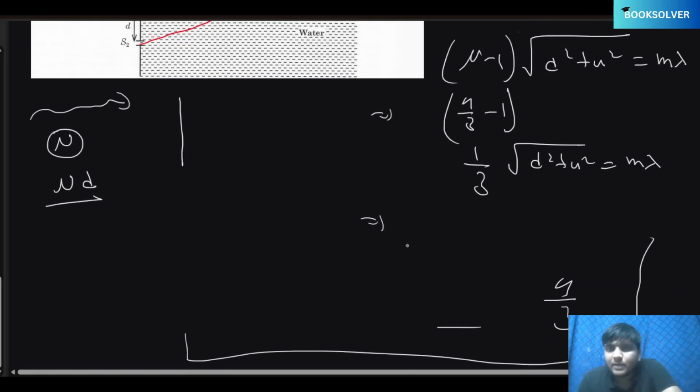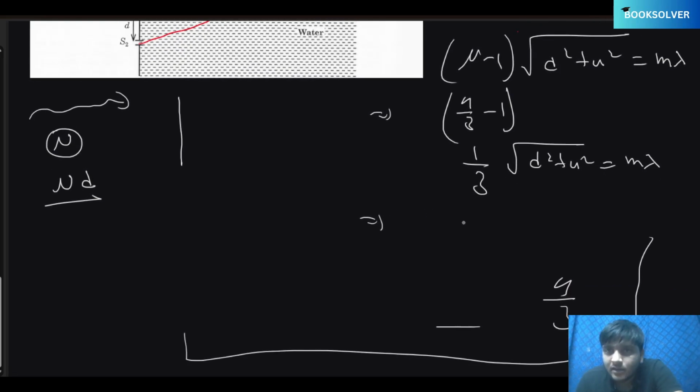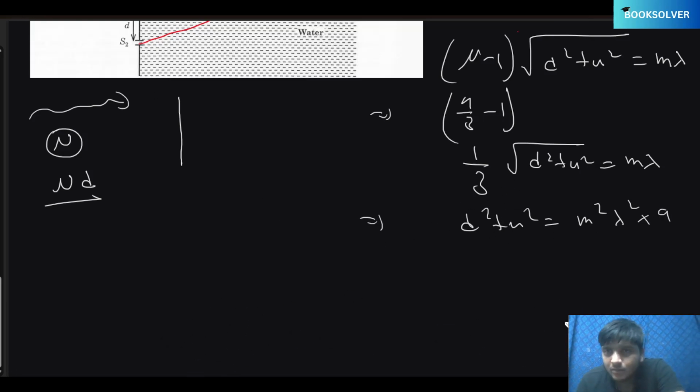Now if we square both sides, we get d square plus x square is equal to 9 m square lambda square. You can see that this 3 has been squared and moved to that side. So ultimately we get the equation x square is equal to 9 m square lambda square minus d square.